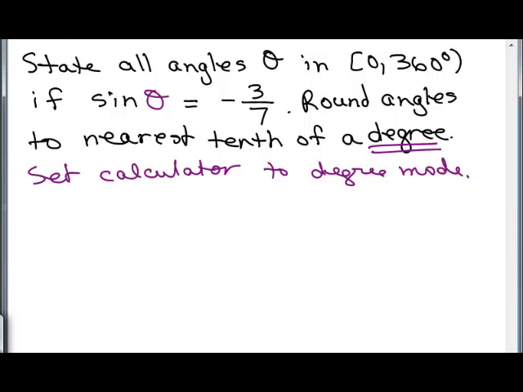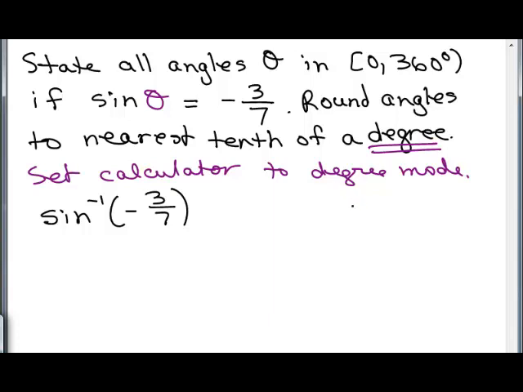So we can use our calculator, and I'm going to be careful here. I could take the sine inverse of negative 3/7, but if you think about it, we're going to get a negative number, a negative angle, because that's what happens. If the sine is negative, the calculator, by definition, the inverse sine gives us something between negative 90 and 90 degrees. So it's going to give us a negative one.